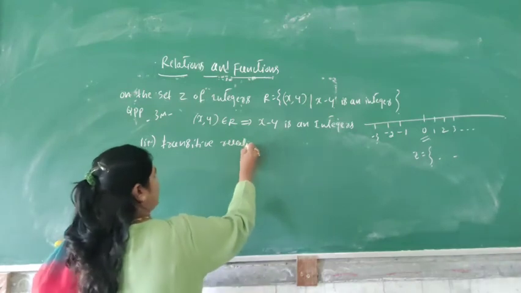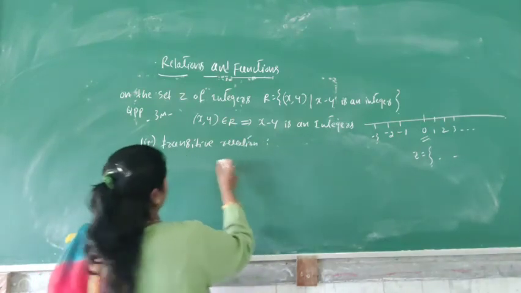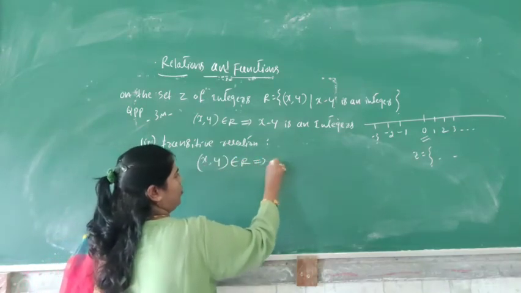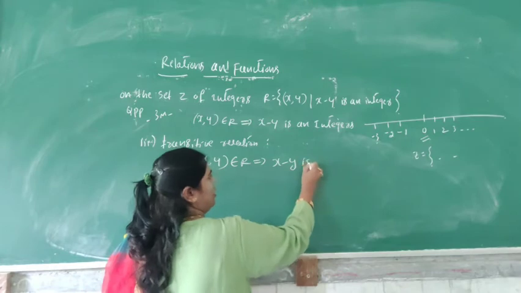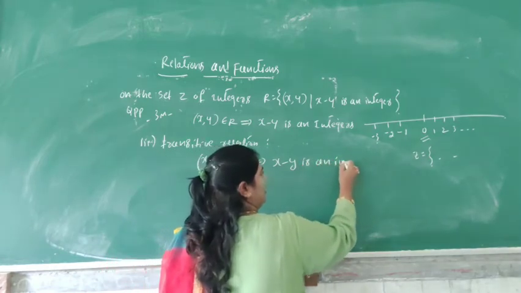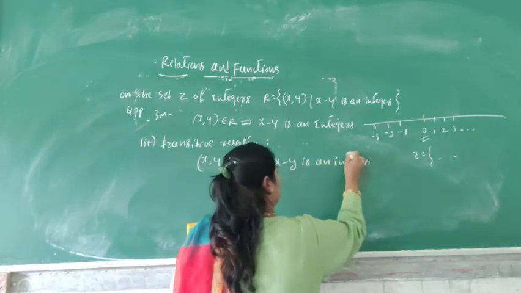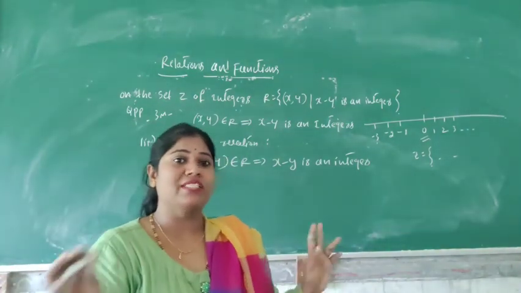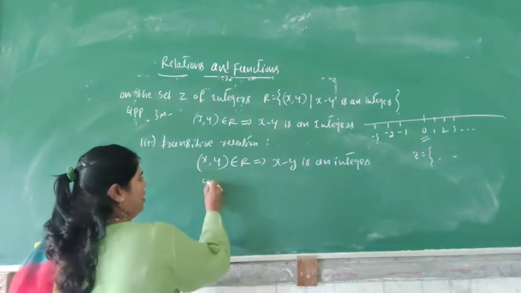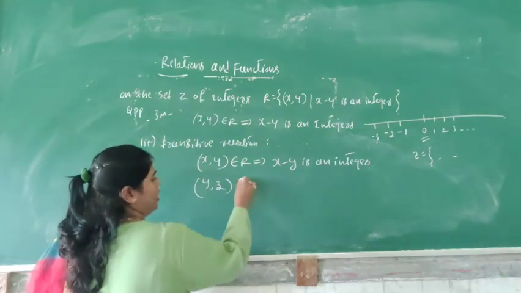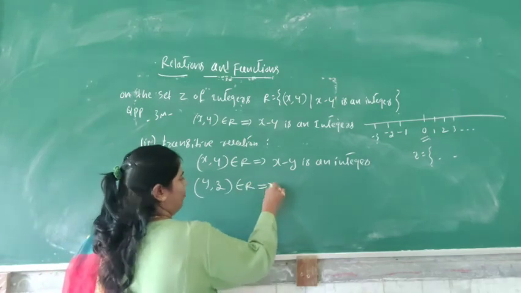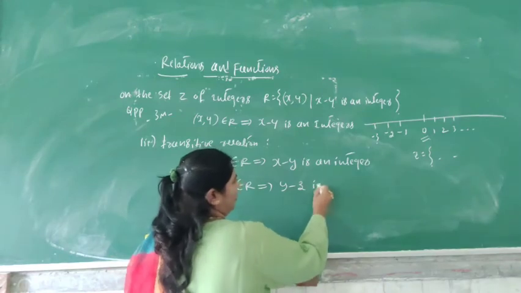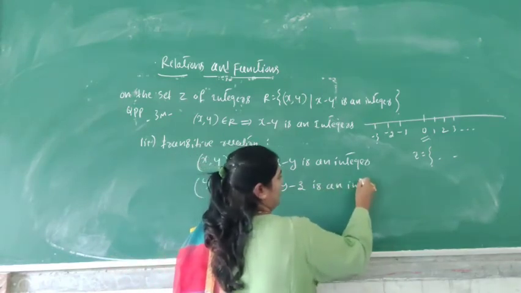Transitive relation. So (x, y) belongs to R implies x minus y is an integer. Then what do we have to write? If (y, z) belongs to R, it implies y minus z is an integer.